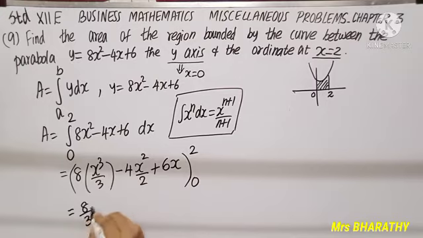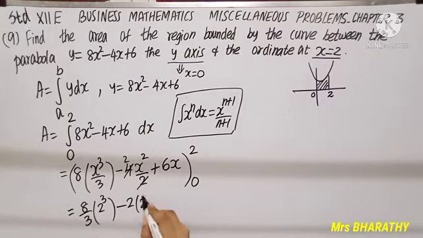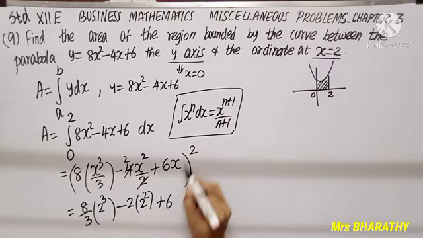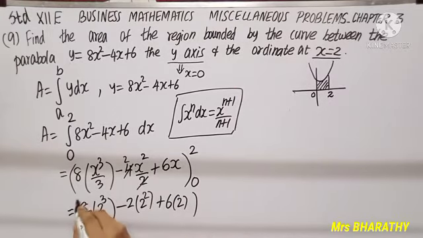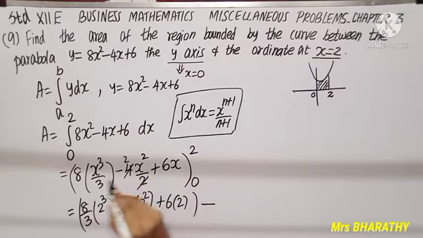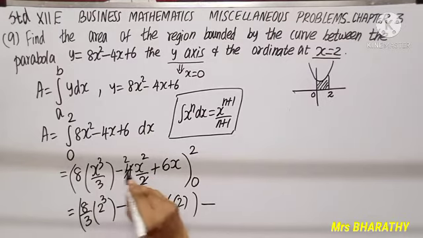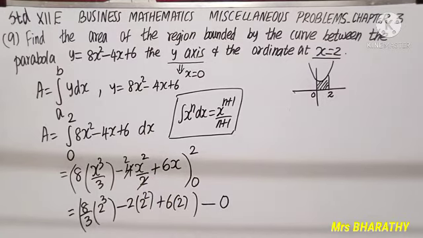As we simplify, putting upper limit, it is 8 into 2 cube by 3 minus 2 into 2 square plus 6 into x value 2. As I put lower limit, x becomes 0, the lower limit gives me 0.